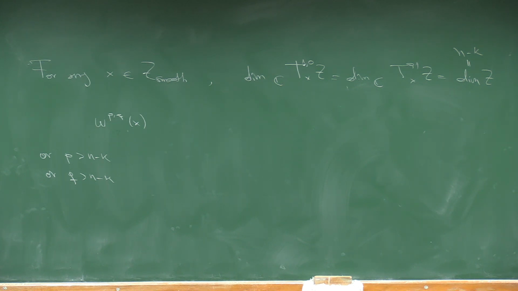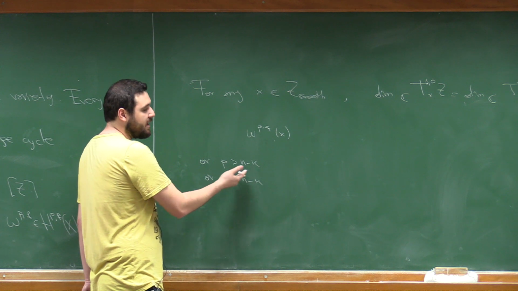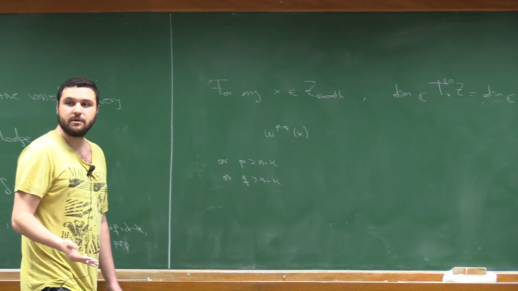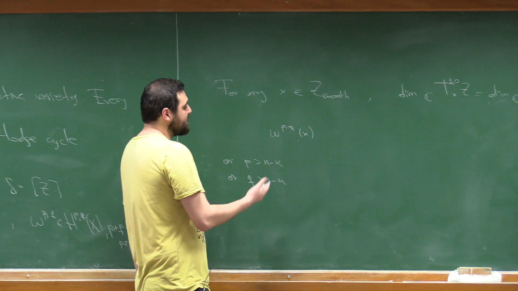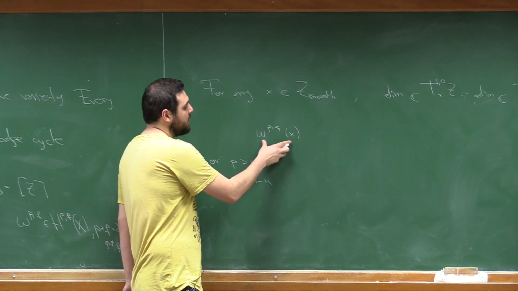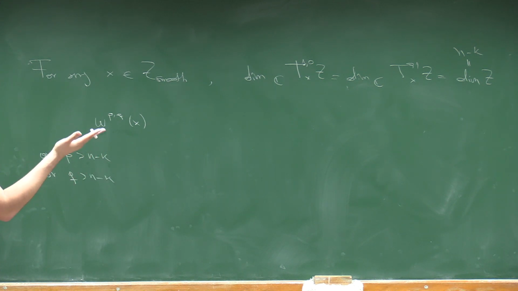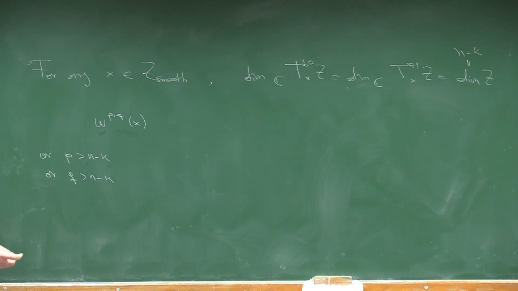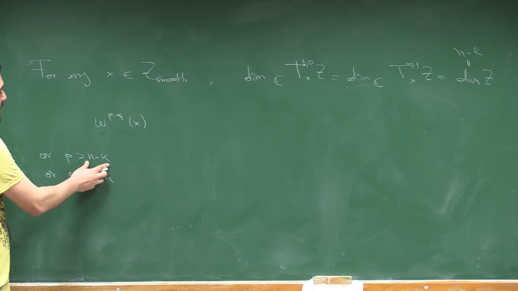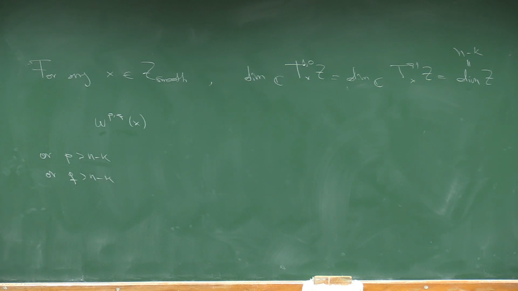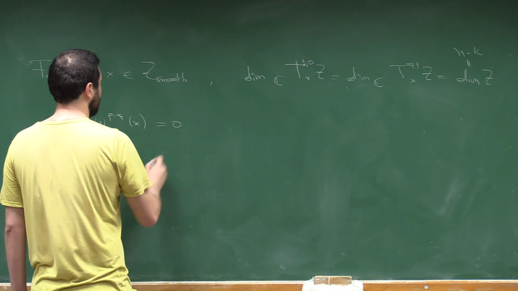One of the two is bigger than half, so one of them is bigger than the dimension of Z. So whenever you restrict an exterior form to the complexified tangent space of Z, you get 0, because you would be alternating more vectors than allowed.